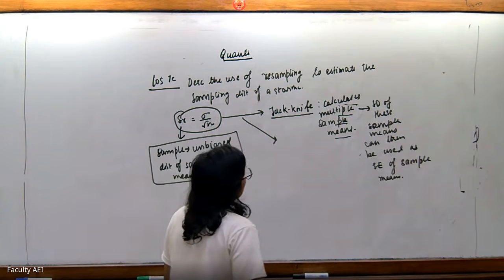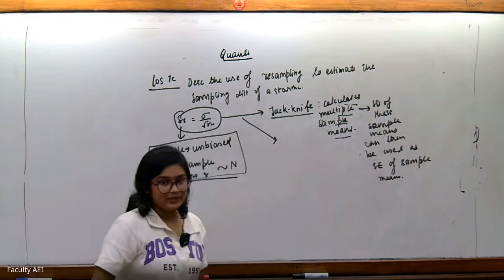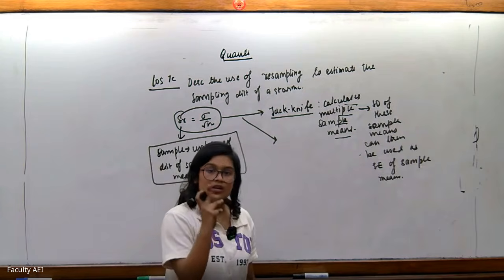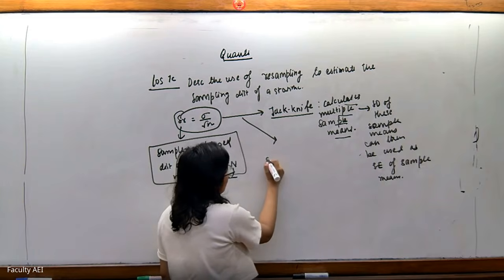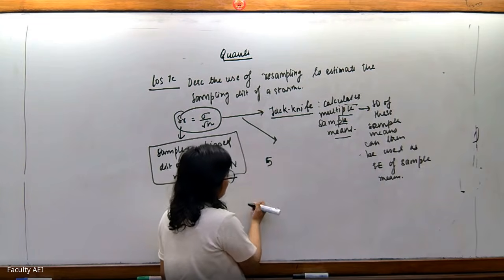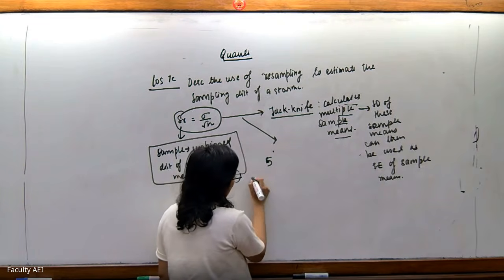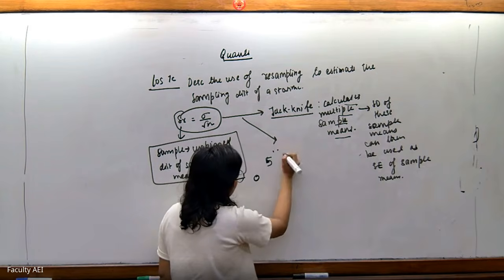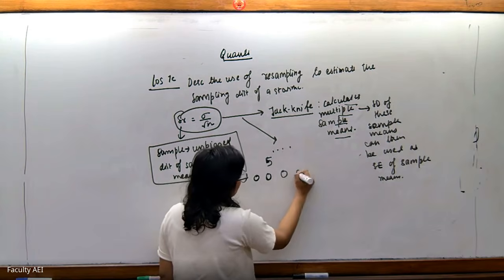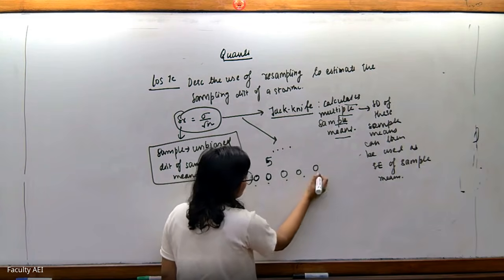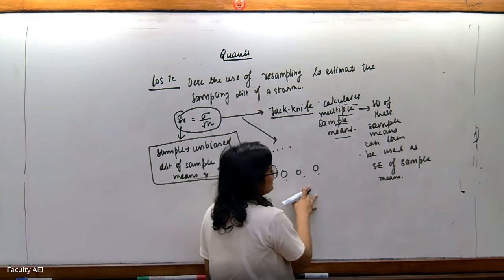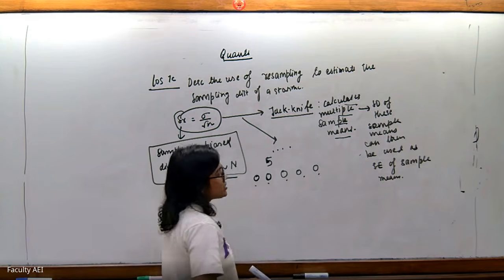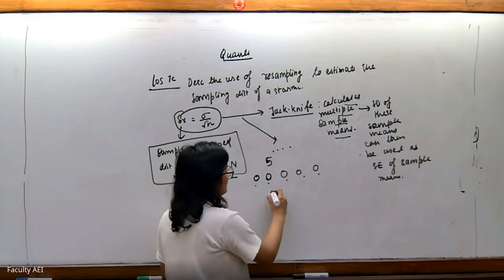So you have calculated multiple sample means by removing each value from your sample each time. If you have, let's say, 5 values, you remove the first value and get one sample mean, remove the second and get another, and so on, so you'll have 5 different sample means. You can then calculate the standard deviation of these sample means, and from that the standard error.